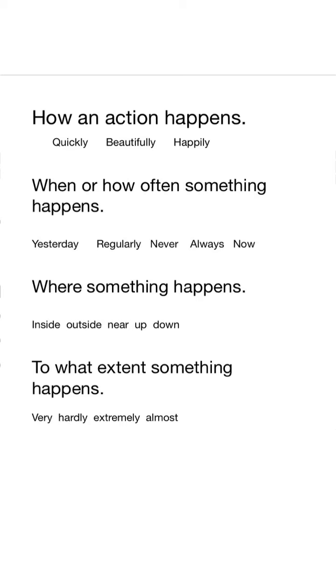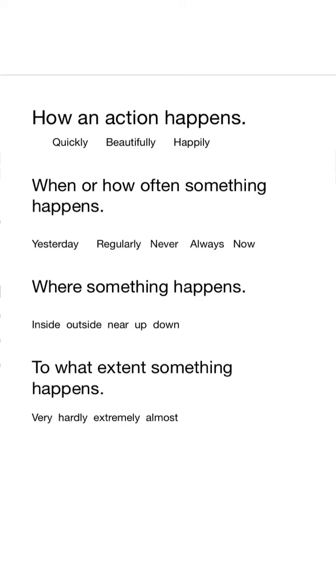And words like outside, inside, near, up, down are not names of a place. For example, look up, come down, play outside, go inside. These words, up, down, outside, inside, tell us where the action is happening.